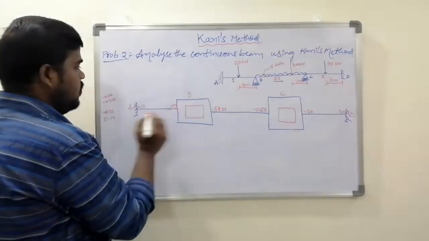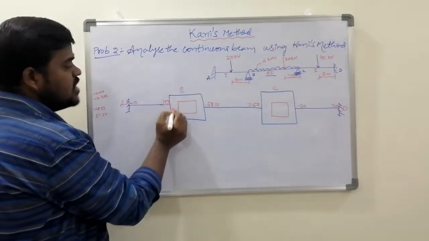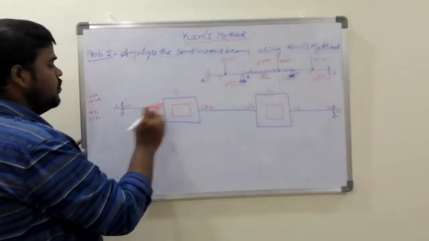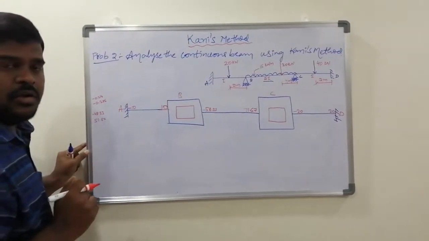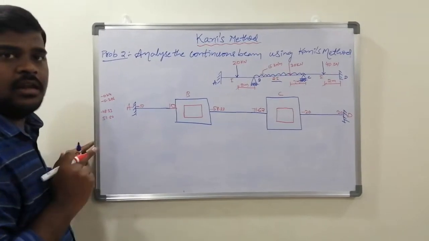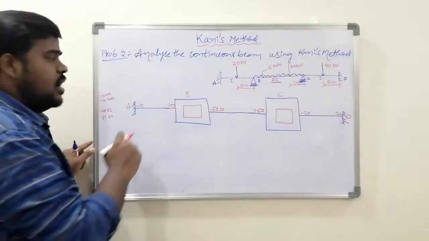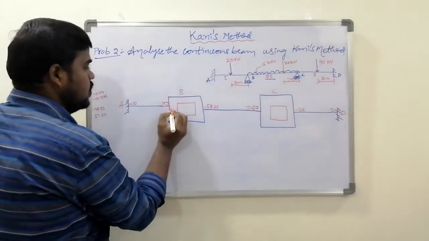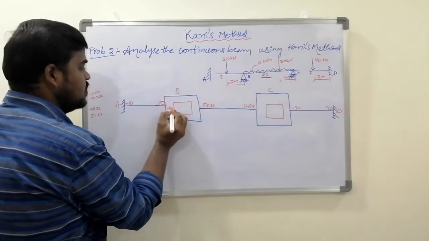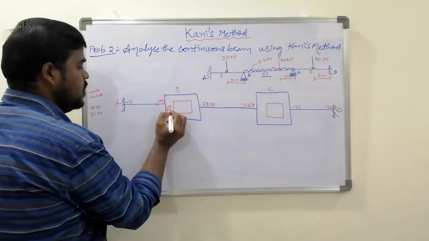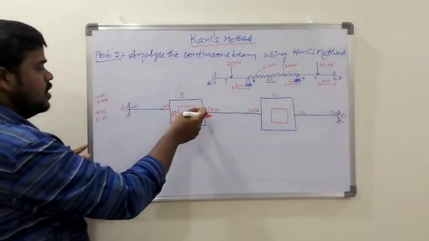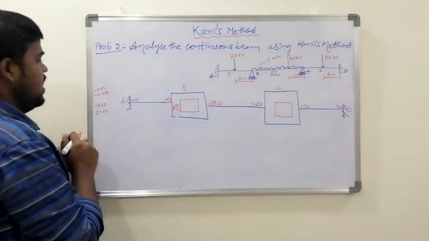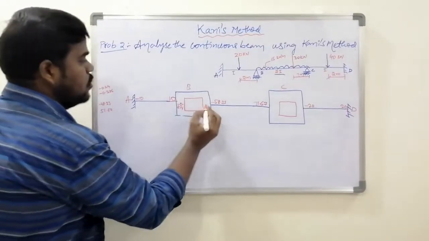So here we have to write the rotation factors of AB. The rotation factors of AB are found in the previous step, and the value of AB is minus 0.214. So I can write it as minus 0.214 here, and for BA it is minus 0.286.